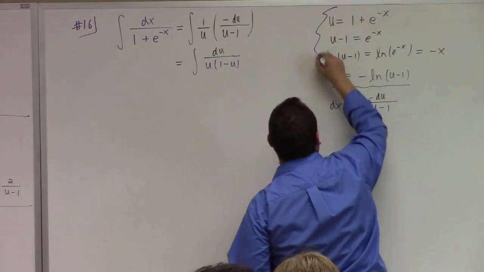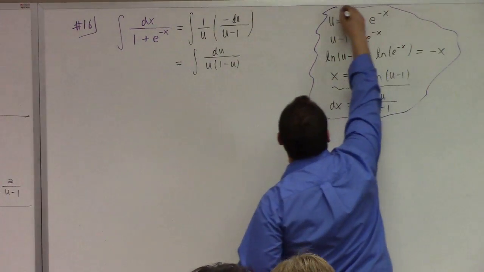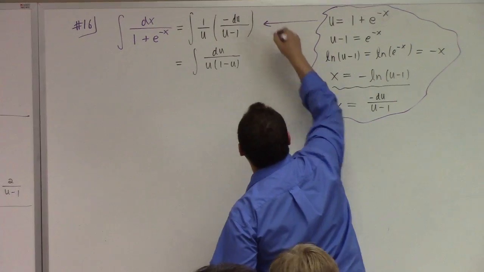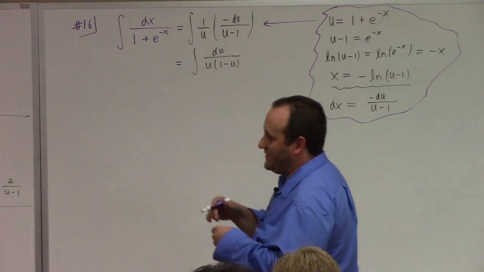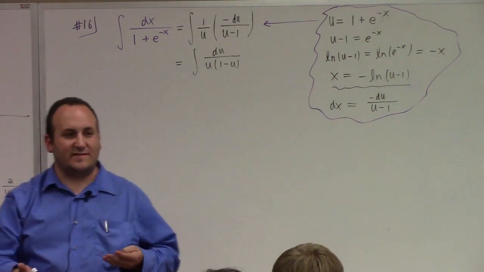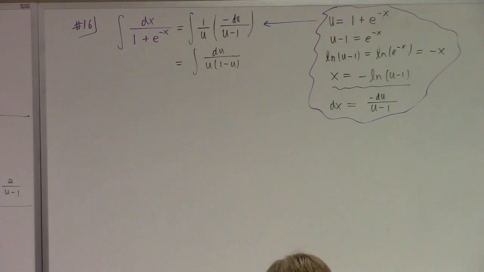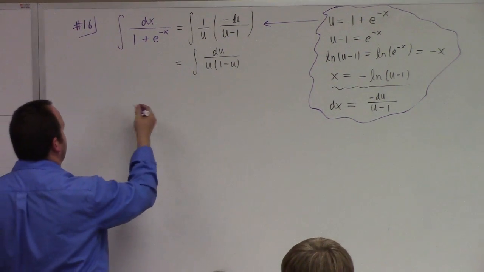All right, so this is a rationalizing substitution in the sense that we've gone from having some function with exponentials to a rational function in u. We know how to integrate rational functions, so score.